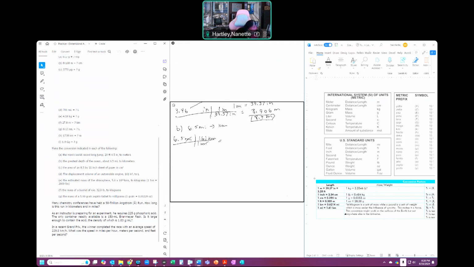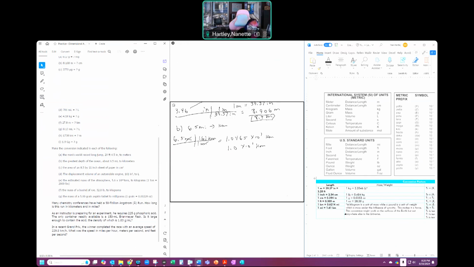And so 6.5 times 1.61 kicks out 1.0465 times 10 to the first. I have 2 sig figs in the 6.5, so 1.0 times 10 to the first, and that was actually kilometers, and so is this, or 10, approximately. Okay, that's how we would report that.